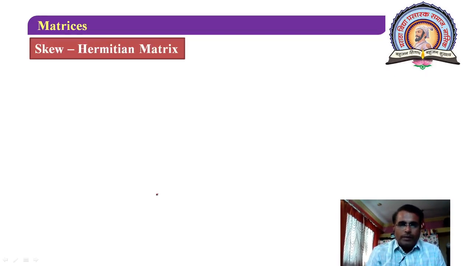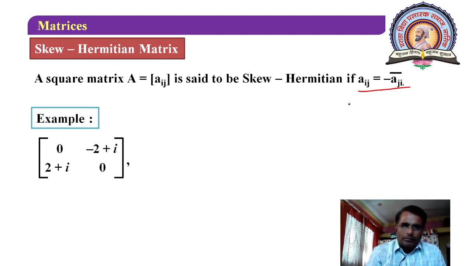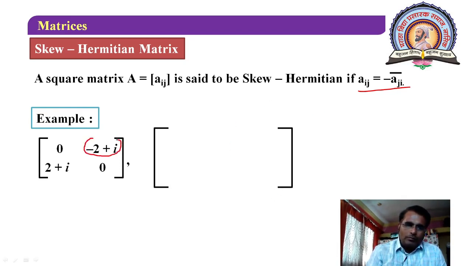And if that is with a negative sign, then it is called Skew-Hermitian. So, if Aij is equal to minus Aji bar, that is, you get a conjugate at the transpose position but with a negative sign, that is called a Skew-Hermitian matrix. Now, see here, what is the conjugate of this?